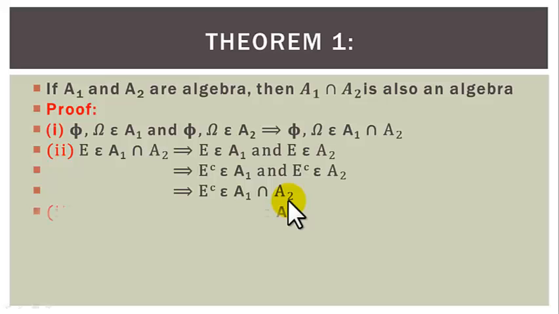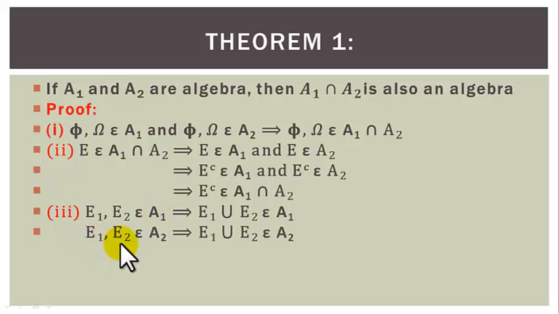Then condition 3. We have to show that A1 intersection A2 is closed under finite union. E1, E2 element of A1 implies that E1 union E2 is element of A1, since A1 is an algebra, by condition 3.